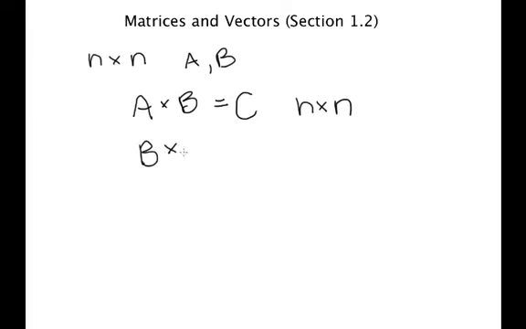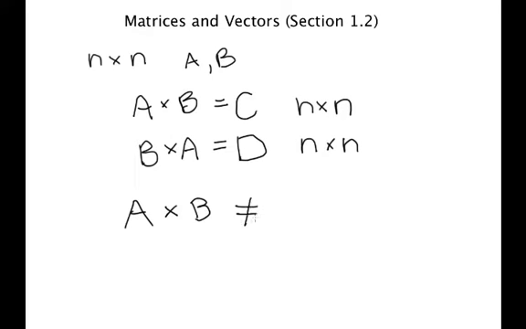I could have multiplied B times A, and let's call that D, which is another n by n matrix. And probably you all know that the commutative law does not apply for multiplication of square matrices. A times B is not necessarily equal to B times A in general. It might be, but you can certainly find examples of matrices where these two matrices are not equal.